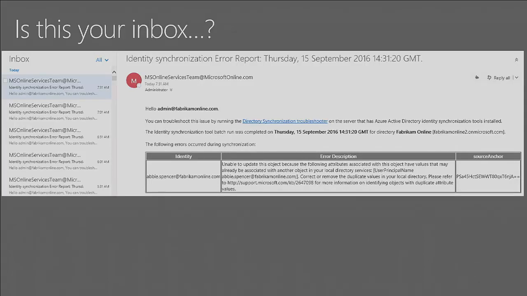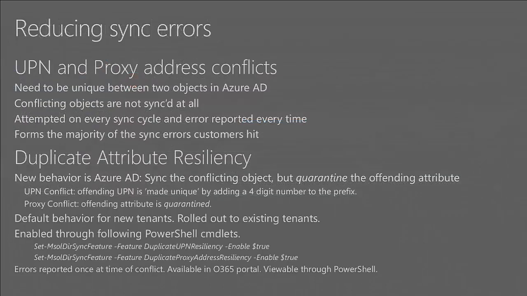And to be honest, the error isn't always clear about what the problem really is. But we are doing a bunch of stuff in this area to reduce the number of synchronization errors. So the first thing we are doing is allowing UPNs and proxy addresses to be automatically addressed with the sync engine itself, or I should say up in Azure Active Directory.